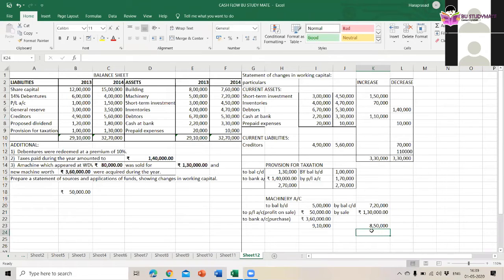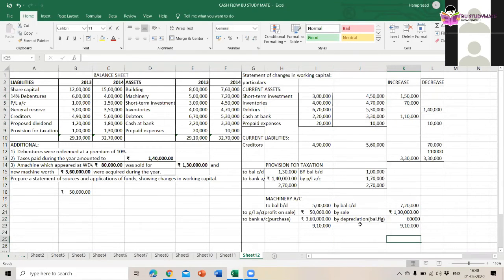So how much amount are we left with? 9,10,000 minus 8,50,000, 60,000 rupees is the balance amount that we will write down as by depreciation. By depreciation, we'll write down the balancing amount.